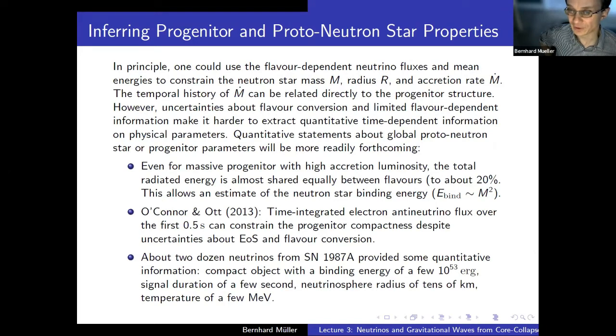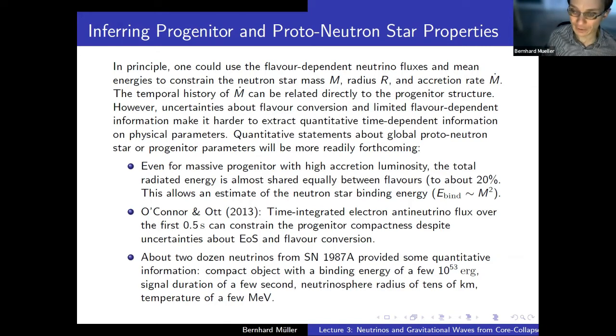And also you cannot so easily get reliable data for the fluxes of all neutrino flavors. But even in the light of these uncertainties, you can at least say something about the progenitor structure and maybe the final neutron star that you make, because some of the emission features are actually quite robust.